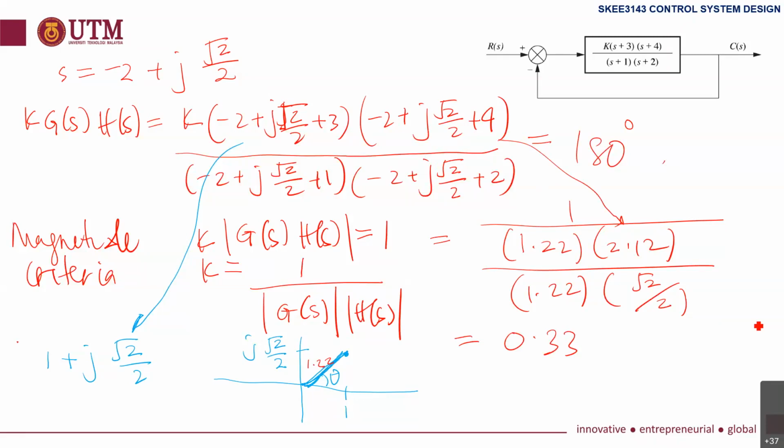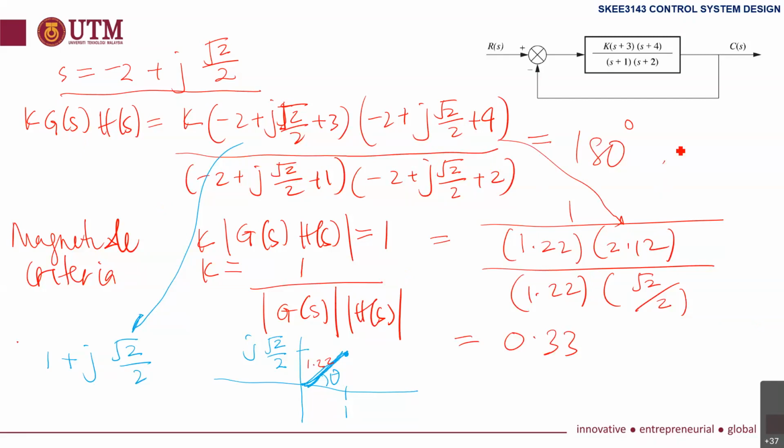So the second point that we want to test, which is minus 2 plus j root 2 over 2, is a closed loop pole because it fulfills both criteria.